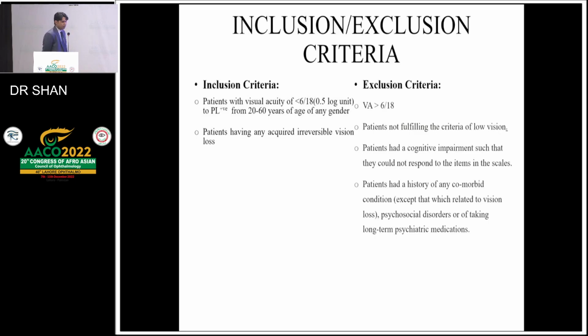We excluded patients having better vision than 6/18, patients not fulfilling the criteria of low vision, patients with a cognitive impairment such that they could not respond to the items in the scales, and patients with a history of any comorbidity except that related to vision loss, psychological disorders, or taking long-term psychiatric medication.